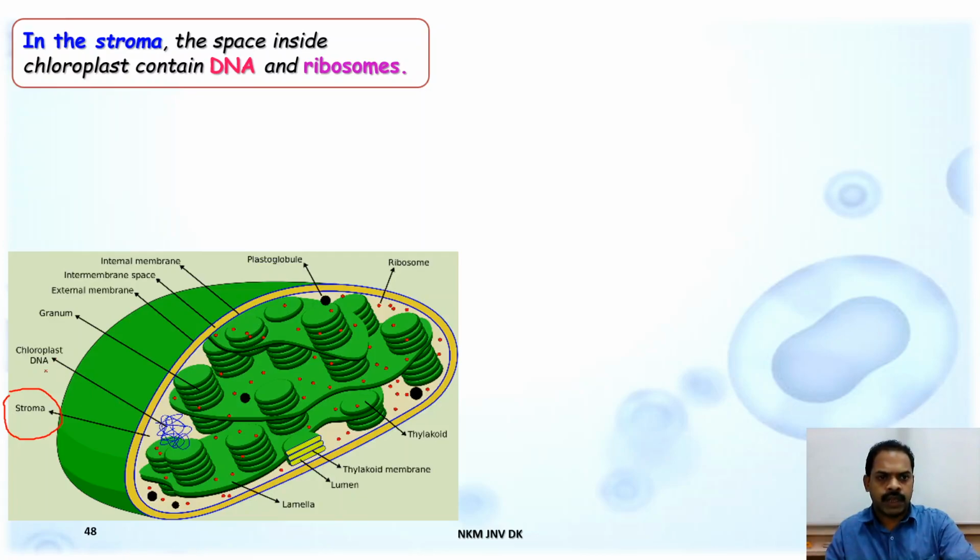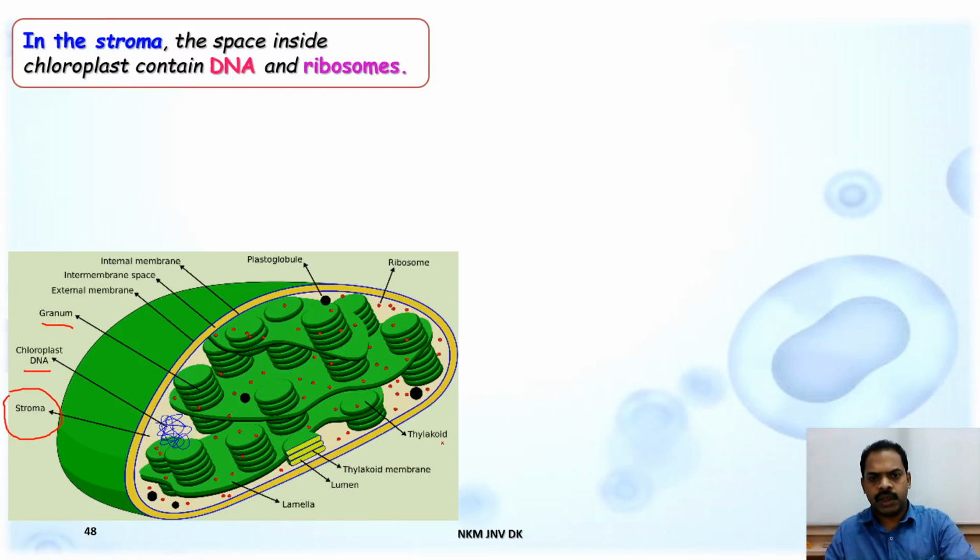It also has the chloroplast DNA and granum. The stacks of thylakoids are called granum. Here are the external and internal membranes. Then the intermembrane space, the space in between the membranes, and structures like plastoglobules, ribosomes, etc. are there.